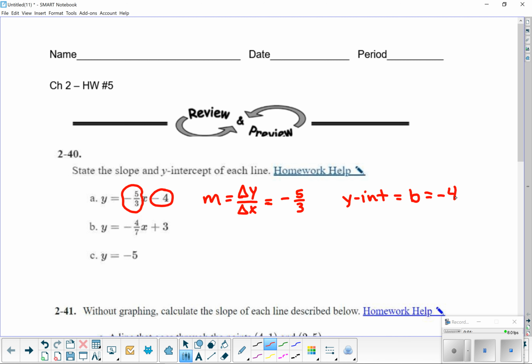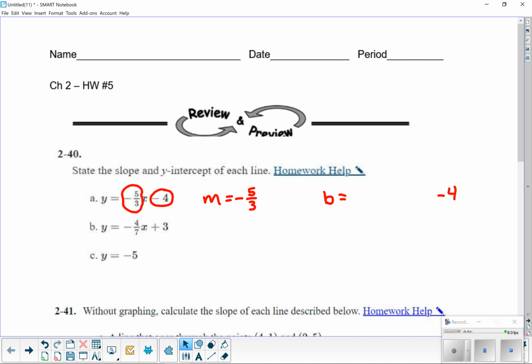So remember, slope is the change in y over change in x, and you can just call it m. And y-intercept is the starting value, but you can just call it b, and it makes it much easier when you're trying to write stuff down. Okay. All right. So let's move on.